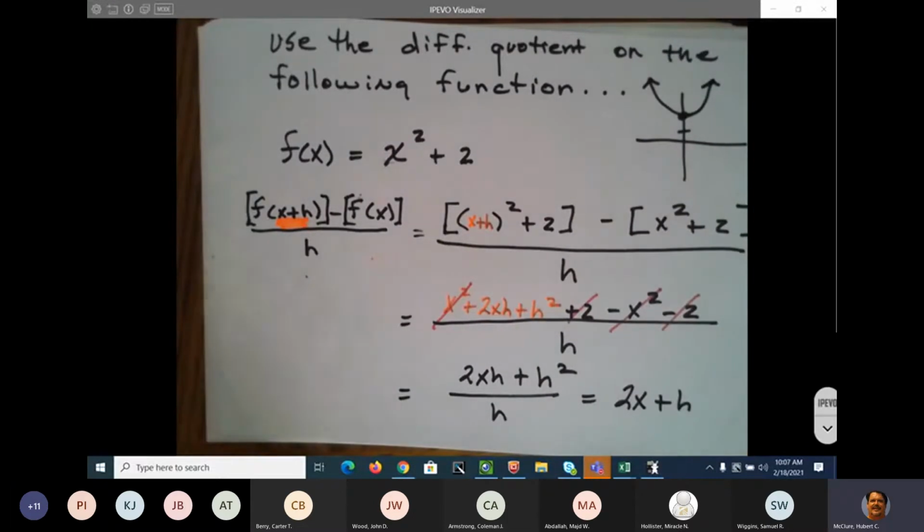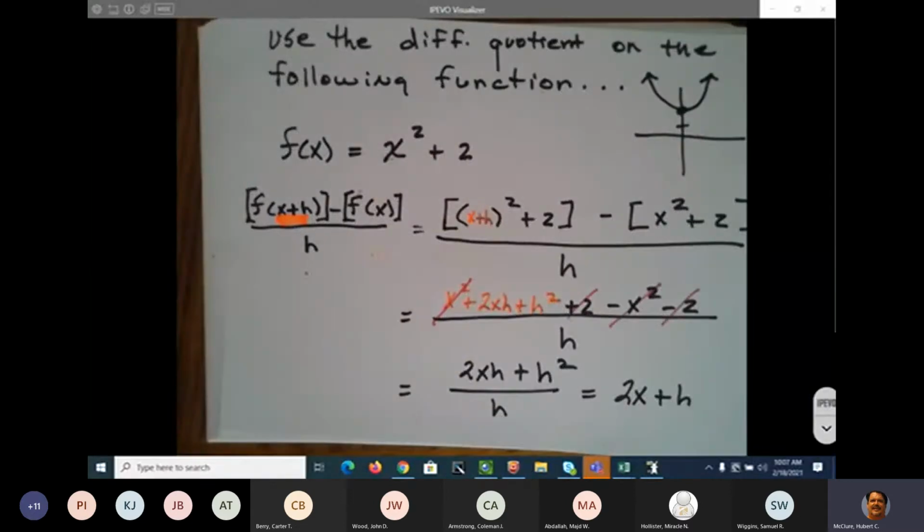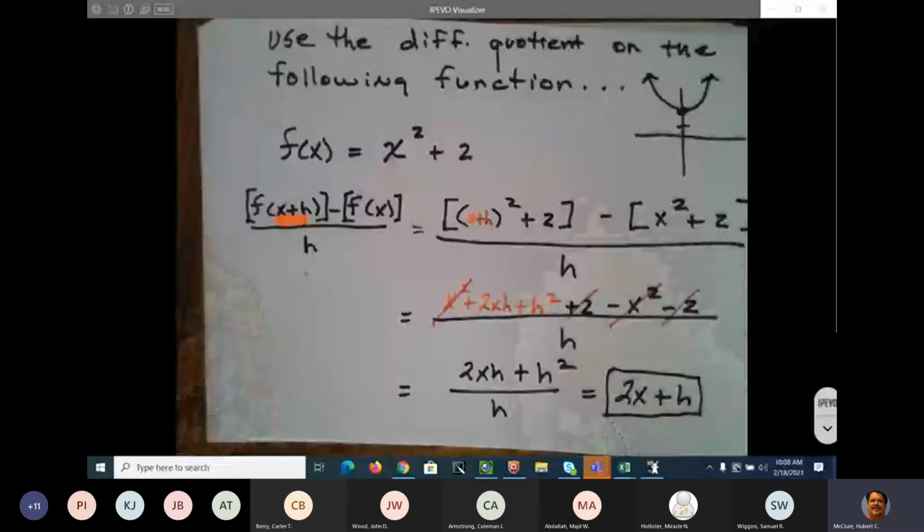H. Now I need everybody to throw up your virtual yellow hand and leave it up if you understand and got 2x plus h. Let's see all the hands. Come on, leave them up.